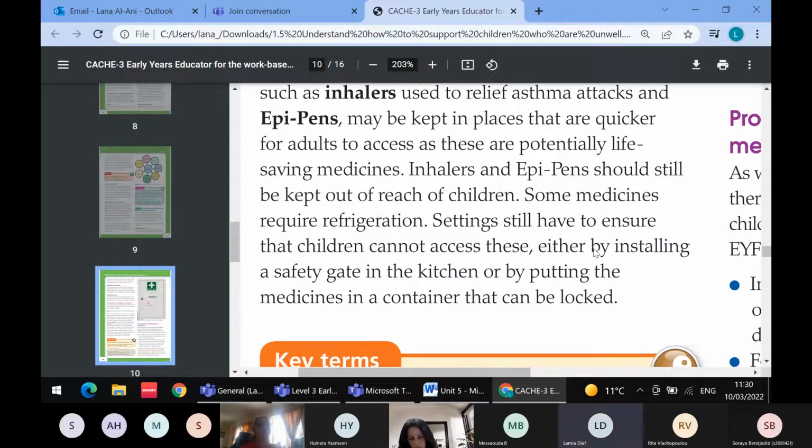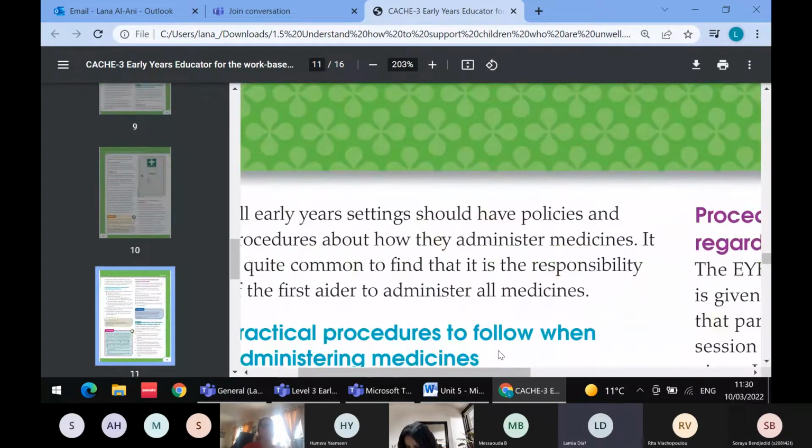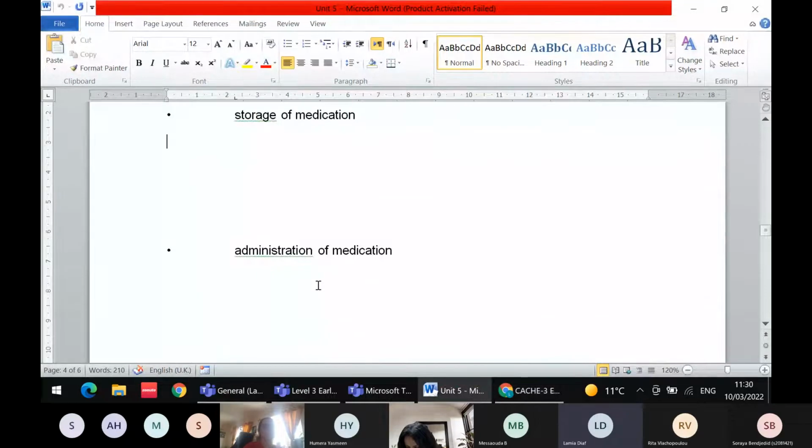Lana, what about the rest of the medication when we finish treatment of the child? Shall we give it back to the parent or get rid of it? Normally the doctor will prescribe, for example, 1 to 7 days.